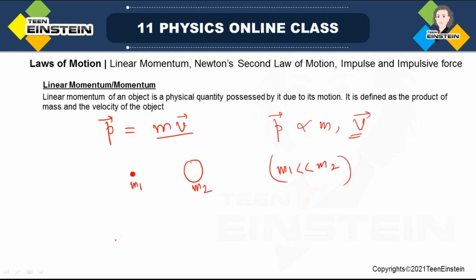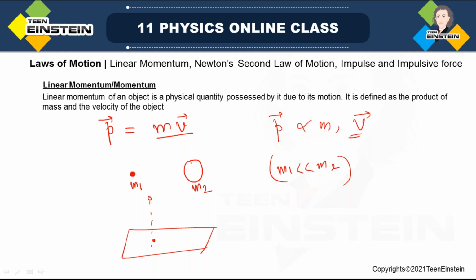Now do a simple experiment. Just keep a glass slab and take your small stone and make it fall vertically down from a certain height on this glass. So what will happen?